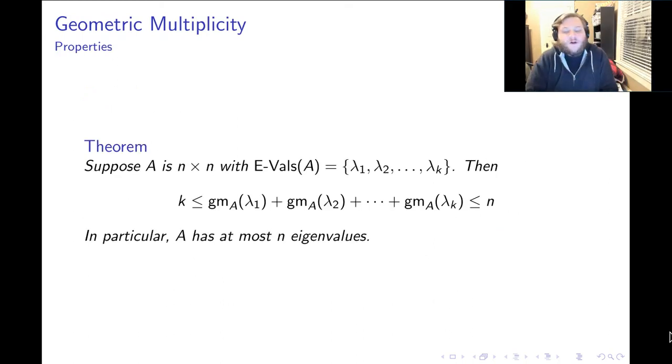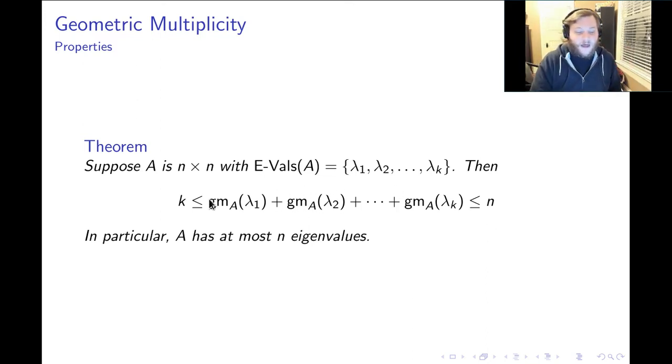Let's conclude our discussion about geometric multiplicity by saying something about bounds for geometric multiplicity. Our first real theorem about eigenvalues here says that if you give me the complete list of eigenvalues, lambda 1, lambda 2, up to lambda k, we can look at all of the associated geometric multiplicities, and we can add those numbers up. Well, on the low end of this spectrum, we know that each geometric multiplicity is at minimum equal to 1.